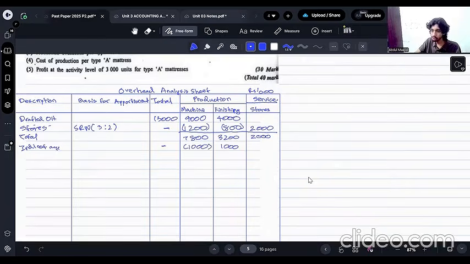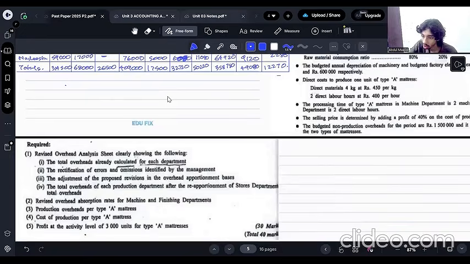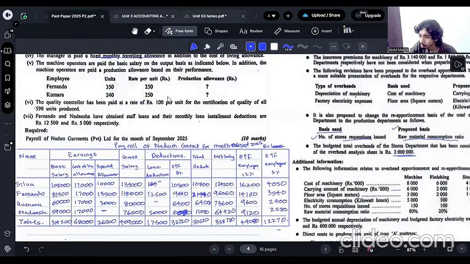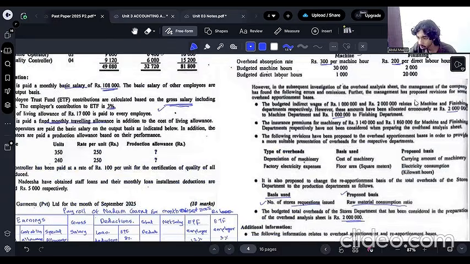Here the total is 7,800 plus 3,200, still 13,000. That is done. Even if you remove this 2,000 and 1,000 fully and again record 1,000 and 2,000, that is also correct.